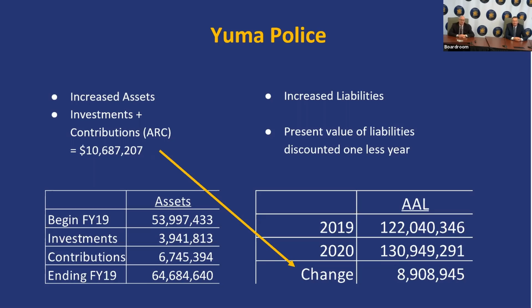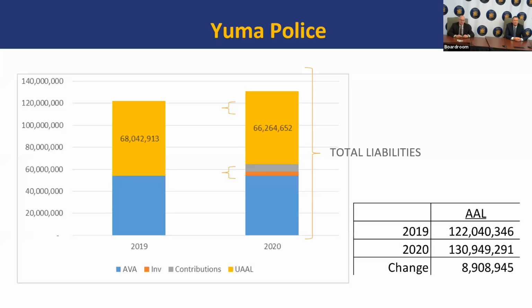So about a $9 million change. So that 10.5 million in cash looks good, but when you're chasing the present value of the liabilities and it's going to increase 9 million, you're only actually gaining 1.5 million on that huge unfunded liability of 66 million.